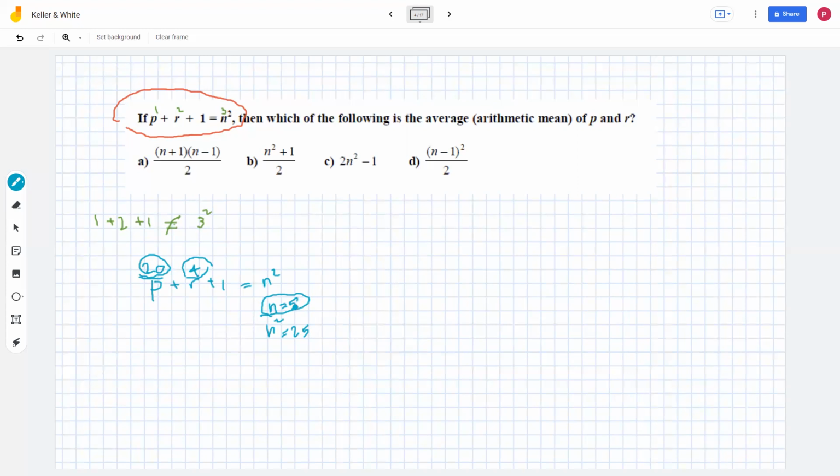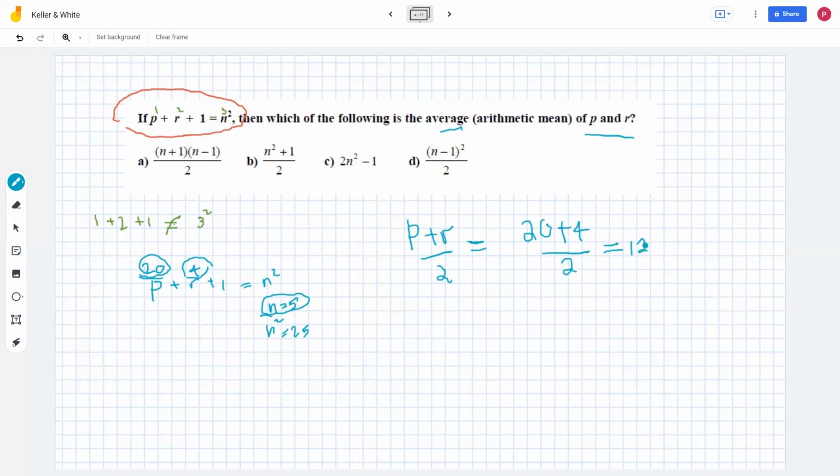Okay, now what? Wait, what do they want to know? They want the average of p and r. So I know how to find the average of two numbers. I do p plus r over 2, but I use the numbers I've just made up to fit the problem. So for us, that's going to be 20 plus 4 divided by 2. I get 24 over 2, and my answer is 12.